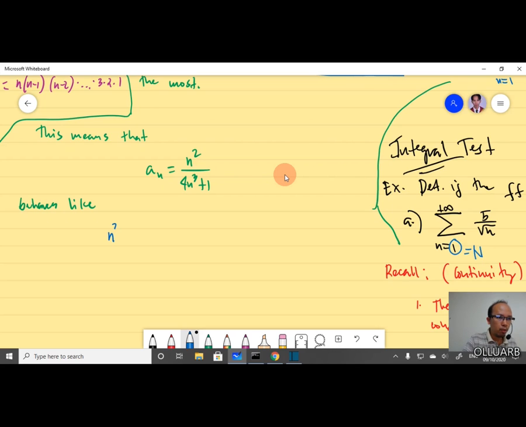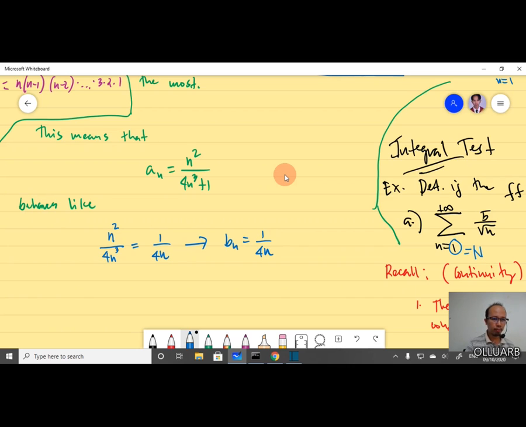So you have to eliminate all the lowest powers, consider only the highest powers, then simplify. You will have 1 over 4n. Our b sub n here is basically 1 over 4n.